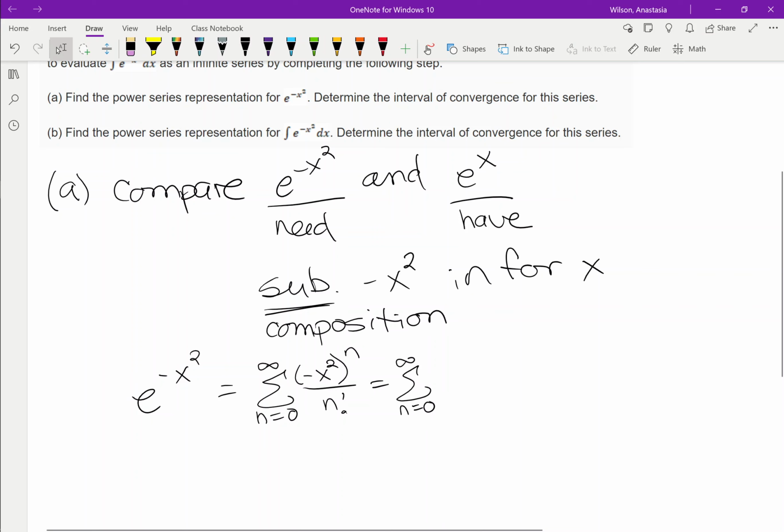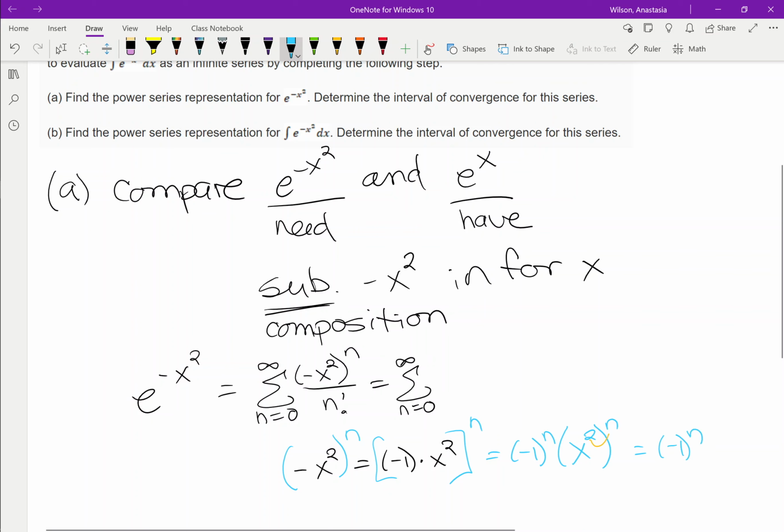I'm going to do that by splitting this up into a -1 times x squared. So if I take this whole thing and raise it to the nth power, it's the same thing as taking both of those factors and raising them to the nth power, which is the same thing as taking -1 raised to the nth power, x squared raised to the nth power, and now we can multiply our powers here so that we end up with a -1 to the n, x to the 2n.